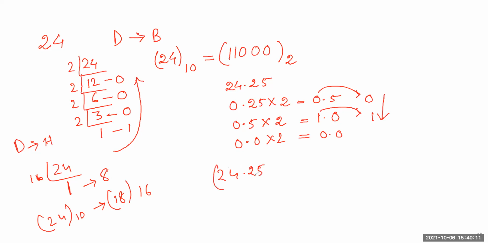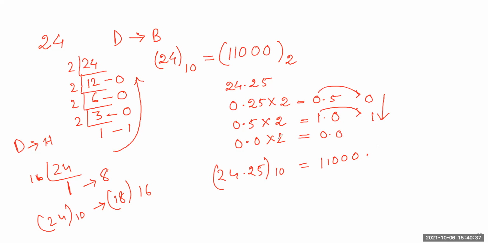So for 24.25, what is the binary value? You already know the value of 24 in binary, it is 11000. Then point what? 01, not 010.